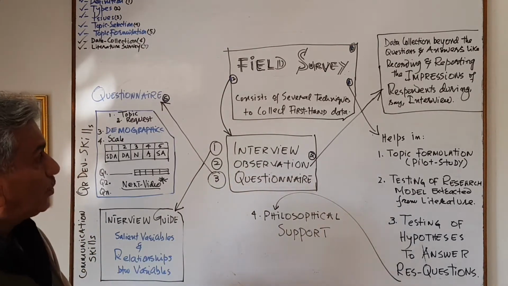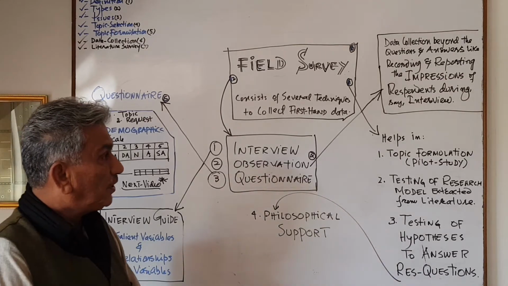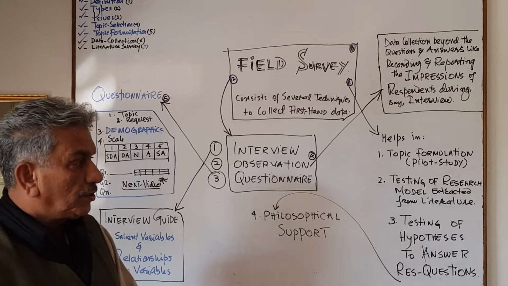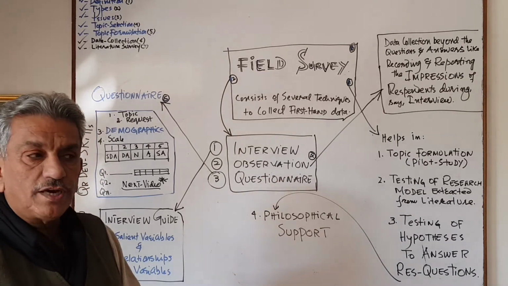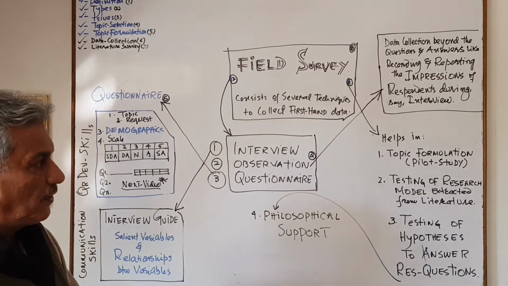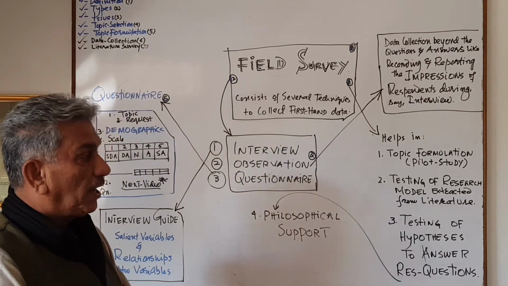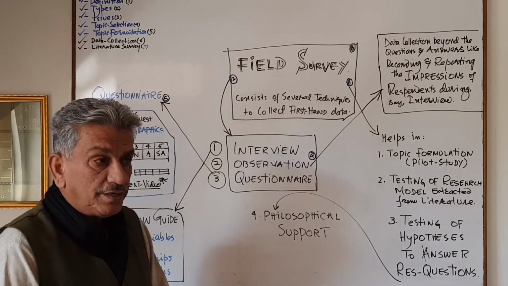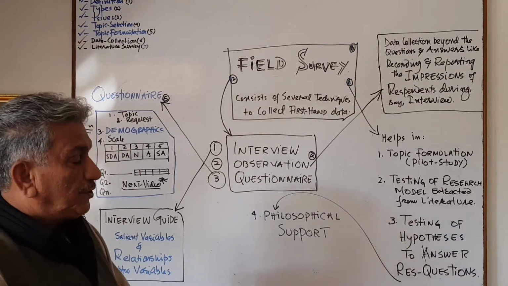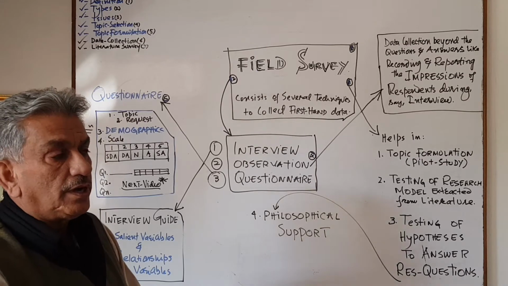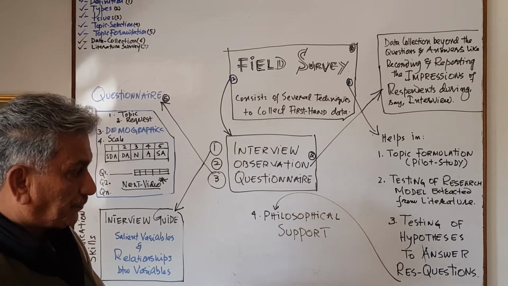The second role field survey plays is that it enables the researcher to test the theoretical framework that was developed from the literature, and maybe with the help of a pilot study, it is tested in terms of the computations on the variables and computations on their interrelationships.